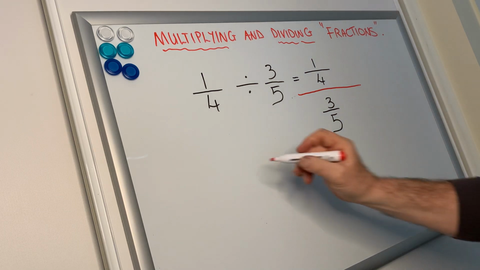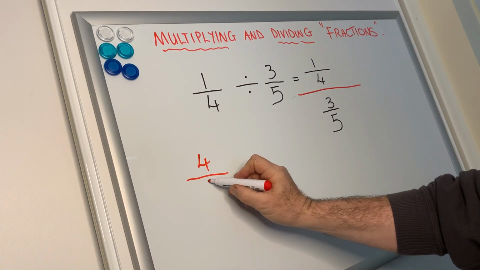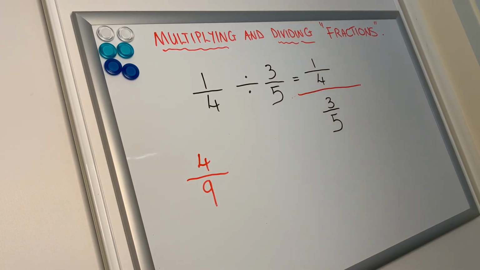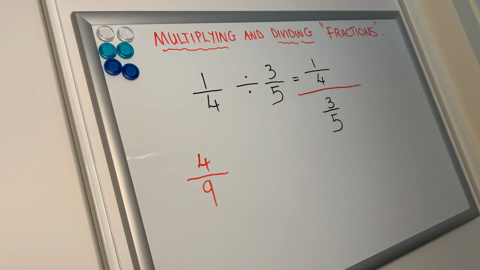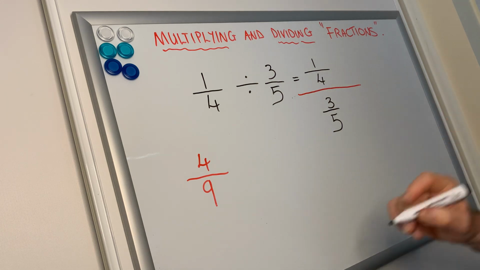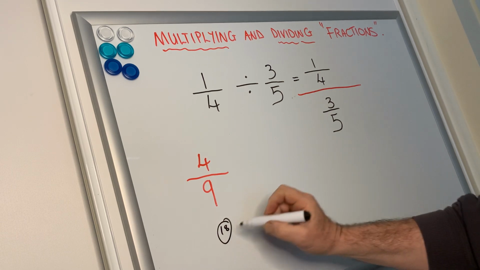Now, let's have a look at another example. Let's say we had 4 over 9. Let's say I wanted to change the denominator, and I wanted to make it, say, 18. Just as an example, I want to make the denominator 18.